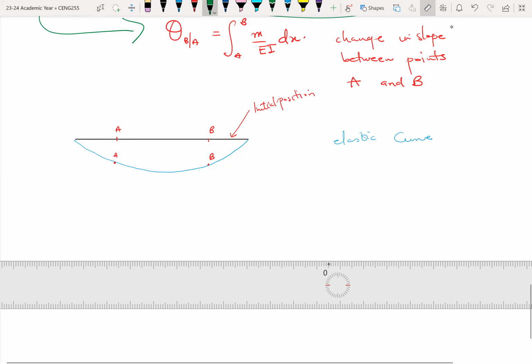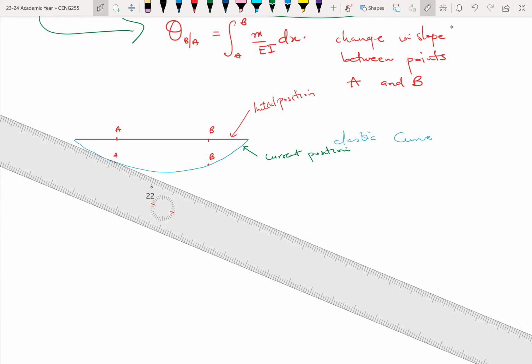Then when it undergoes some deflection, this becomes the current position of the beam. The current position of the beam is pretty much akin to the deflected shape. So now we want to find the slope at A and B on the current position, or on the deflected shape.